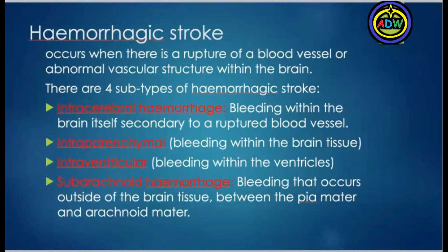In subarachnoid hemorrhage, it is usually characterized by very severe, very intensive headache, which patients usually describe as one they never had before. So severe headache and vomiting. Usually they have photophobia, increased sensitivity to light.